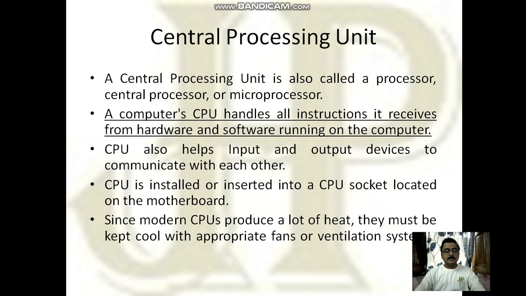Okay? CPU also helps input and output devices to communicate with each other. So, it means with the help of CPU, we control each and every part of the computer system.